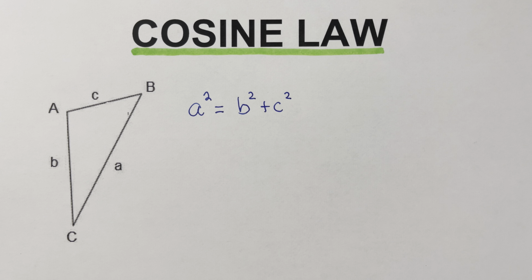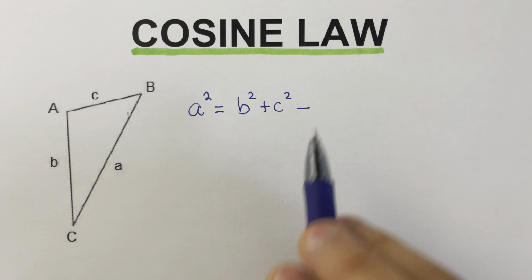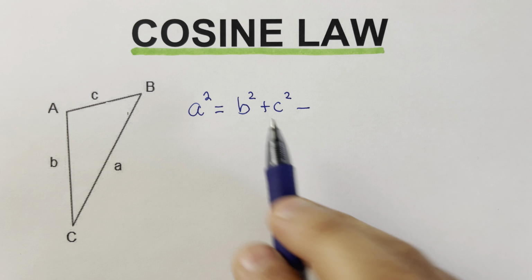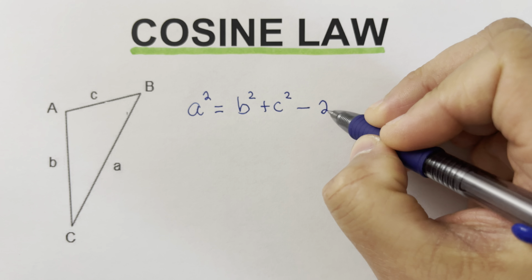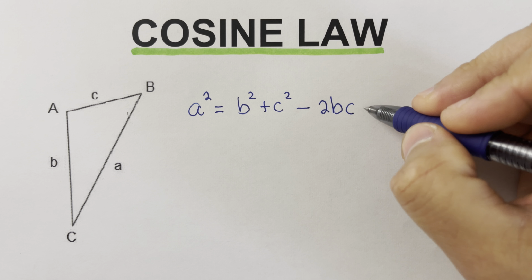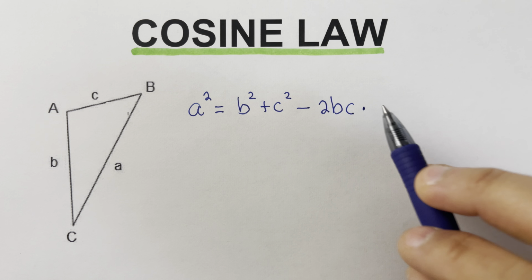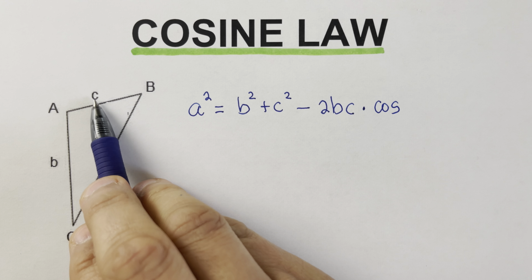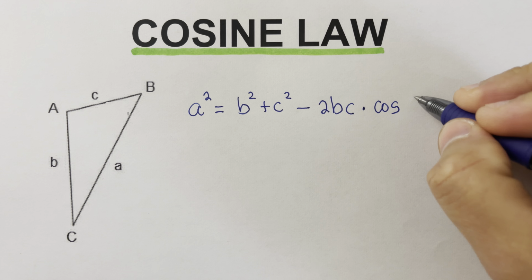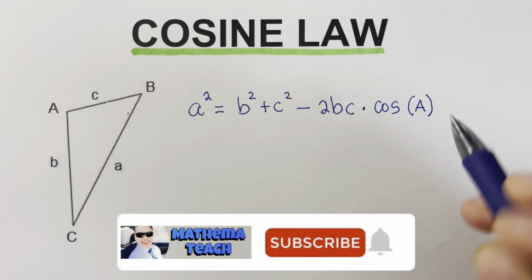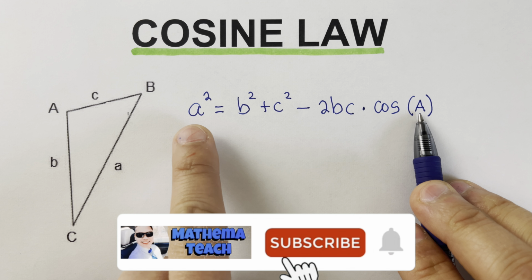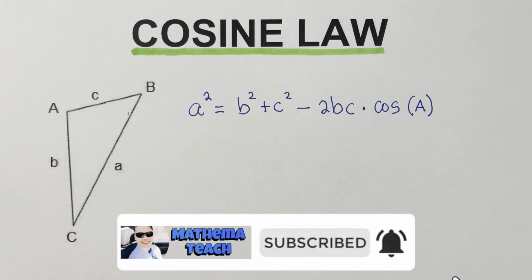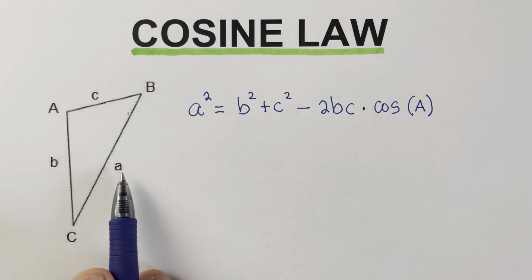The cosine law further states that we minus twice the product of these two sides. So that would be 2bc times the cosine of the angle between them. The angle between these two is angle A, or pretty much the angle that is across the side a.